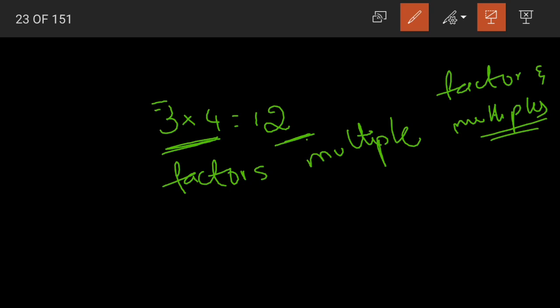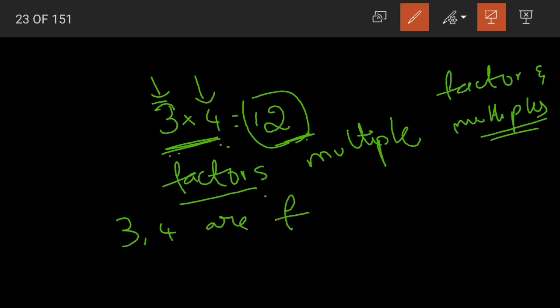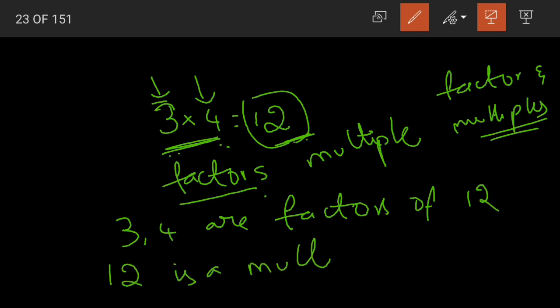Understood, children? The two numbers that we multiply together are our factors. 3 and 4 are the factors of 12. And what does 12 become? 12 is a multiple of both 3 and 4, children.